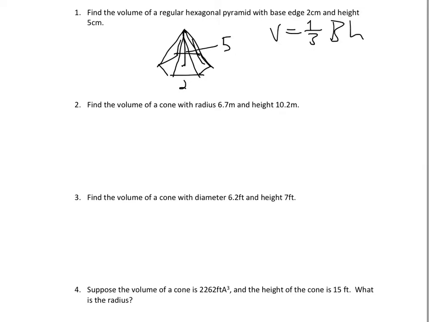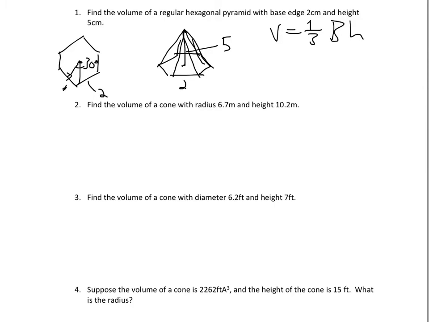In order to find the area of that base, we've got to draw this hexagon and solve it. The base edge here is 2, so we'll draw the apothem like that. We know that this is a hexagon, so it's always a 30-60-90 triangle. This bottom side here is going to be half of 2, so that's 1.